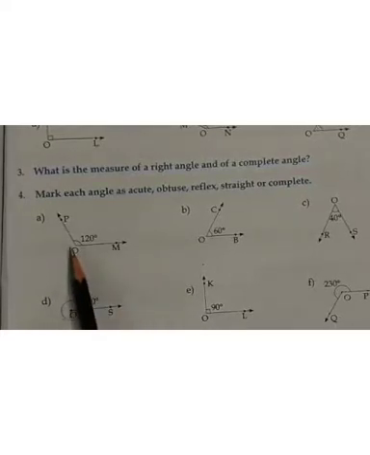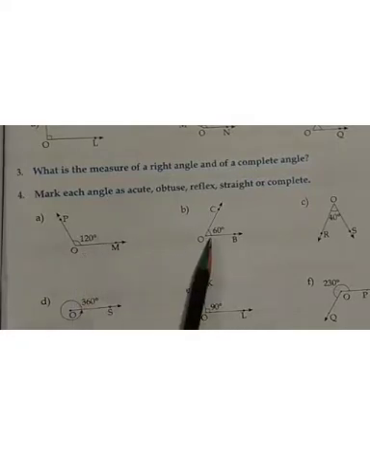Mark each angle as acute, obtuse, reflex, straight or complete. Some angles are given here. 120 degrees is more than 90 degrees, so it is called an obtuse angle. This angle has 60 degrees, less than 90, so it is an acute angle.